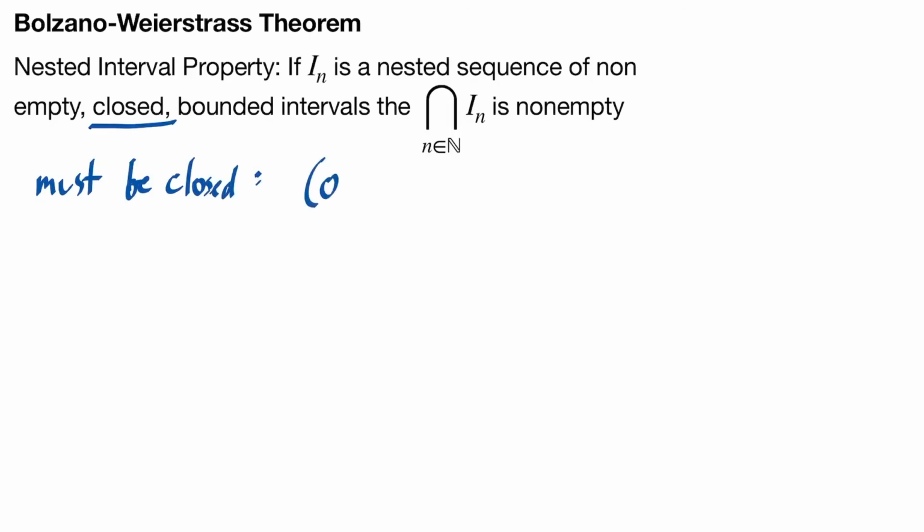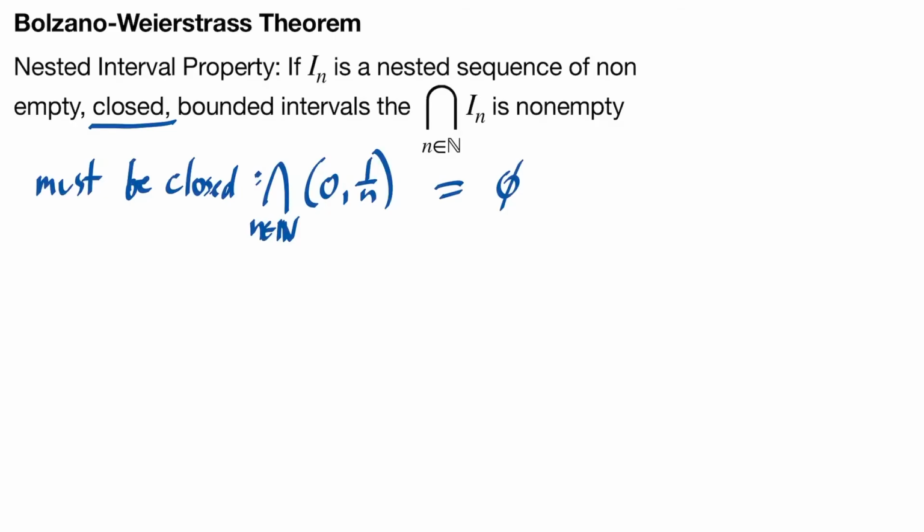Well, let's think about the example here, 0 and 1 over n. What happens when I intersect all of these? These are open intervals, and if I intersect a bunch of open intervals, notice this is actually the empty set, because there's no element that can fit inside of here.